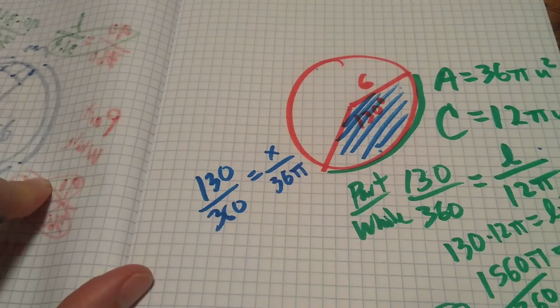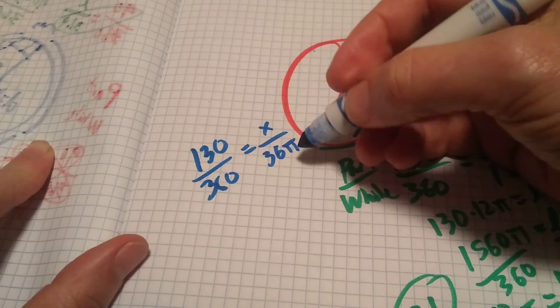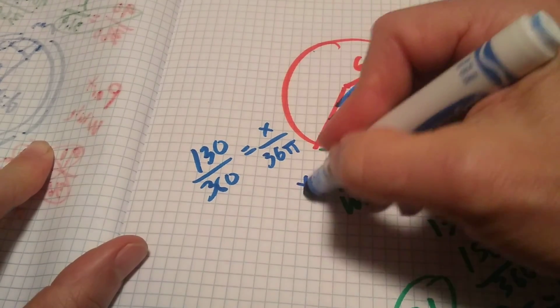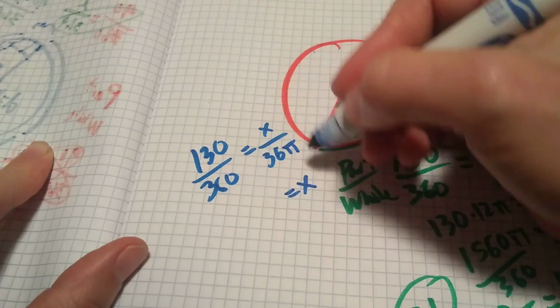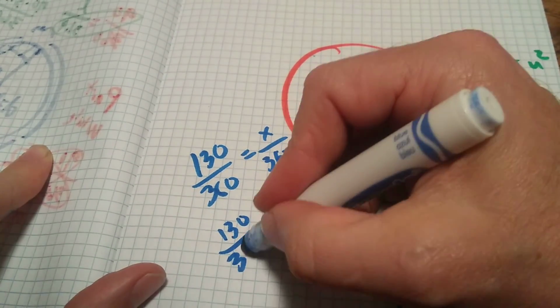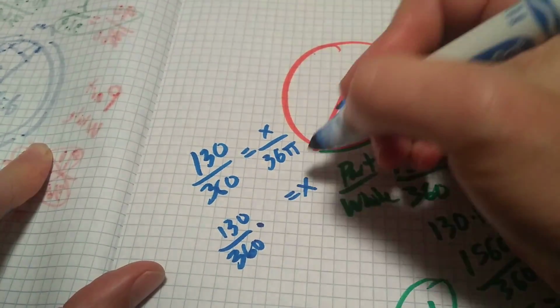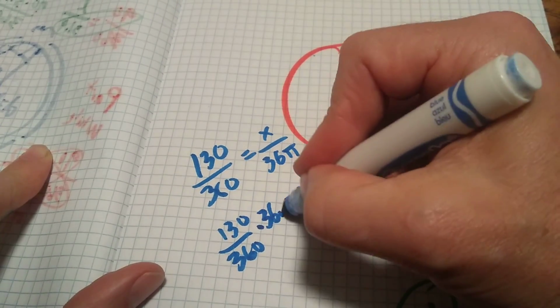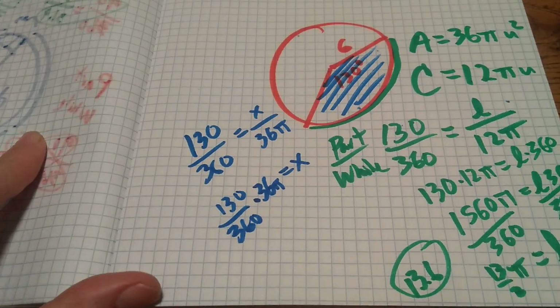I'm going to do another trick. What you might notice is that these two numbers are going to stay over there. I can figure this out by just saying this is my fraction of the total. I can do it all in one step here.